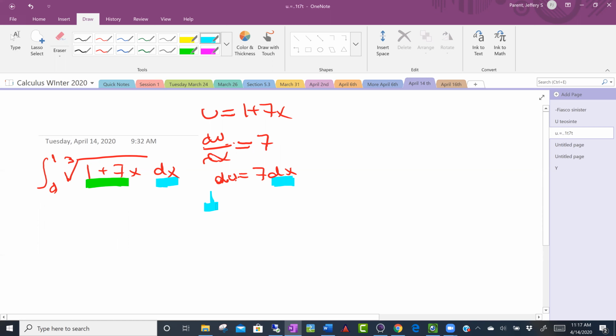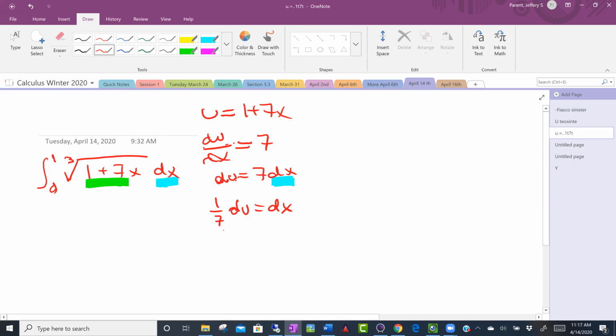So I'll divide both sides by 7 to get rid of that 7 from the right-hand side and get 1/7 du equals dx.